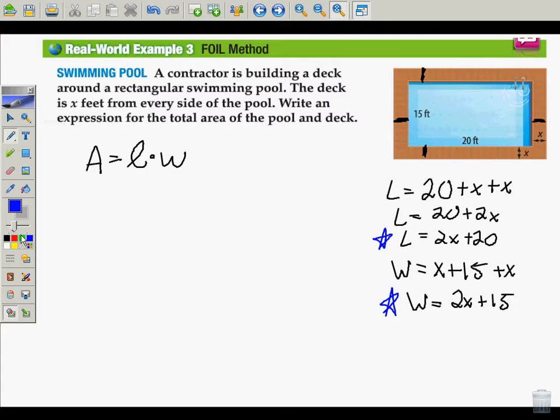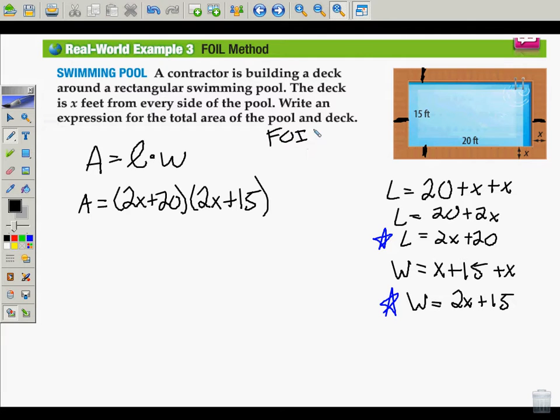My area is length times width, but now I know length is 2X plus 20. Width is 2X plus 15. And then notice I've got a binomial times a binomial, which means I can use FOIL.